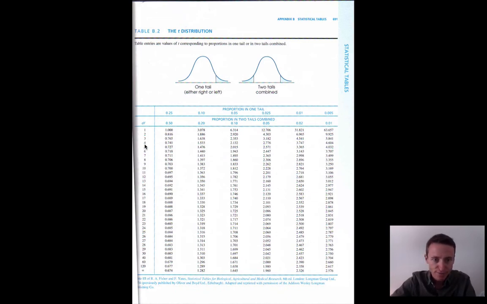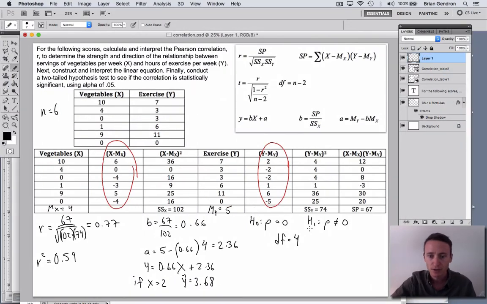So 4 degrees of freedom, see where that matches up with alpha of 0.05, 2 tails, looks like a critical value of 2.776. It's going to be plus and minus because we're doing 2 tails. So let me write that here. Our critical value of T is plus and minus 2.776.